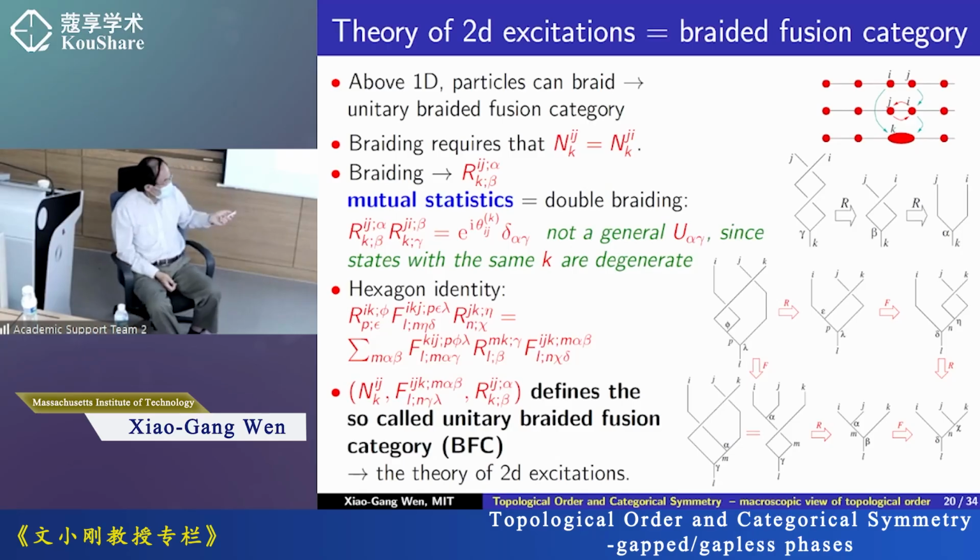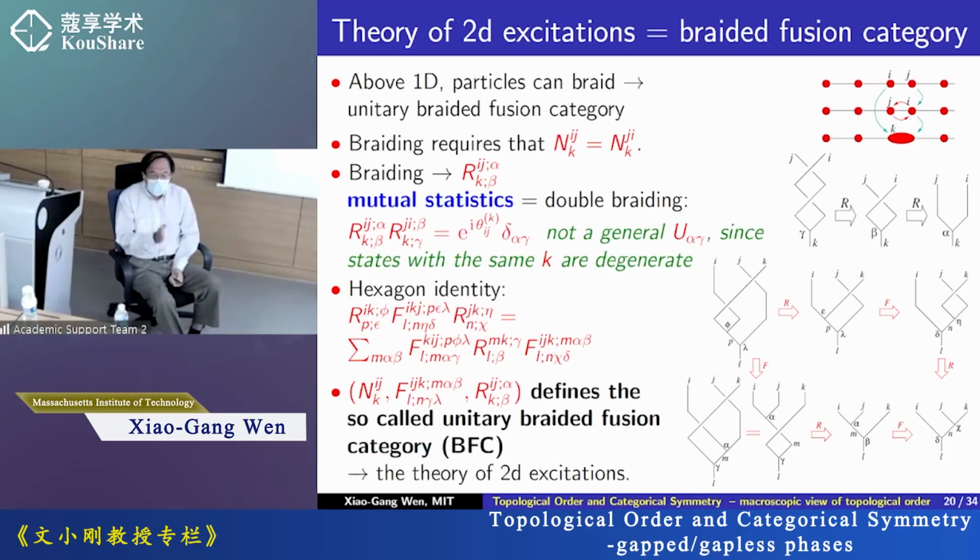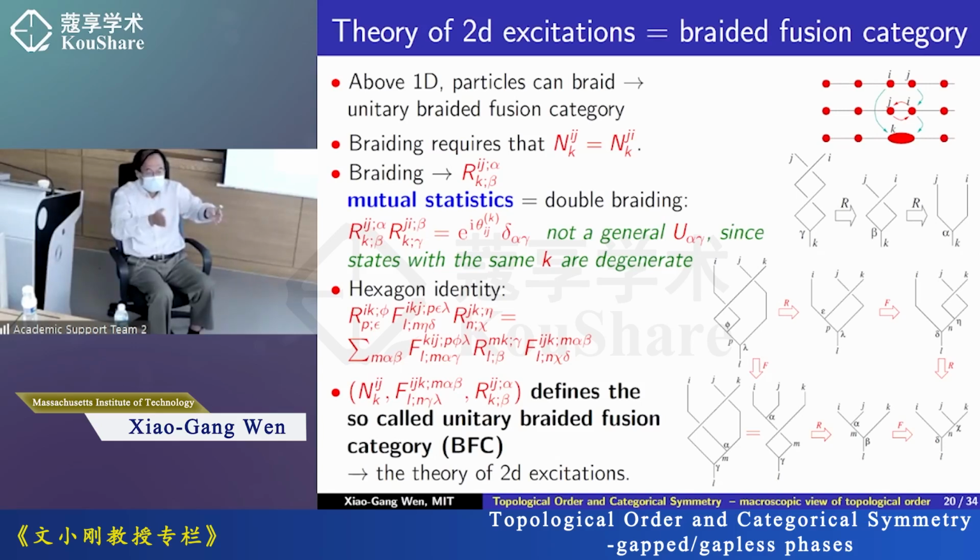Here I consider some kind of a simplified one, because here we have more intention that we hope our theory is realizable by lattice. When you have a string, the string cannot braid, just like in one dimension, the particle cannot braid. In two dimension, the string cannot braid. The codimension one defect cannot braid.